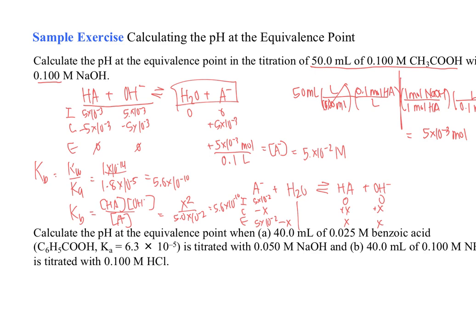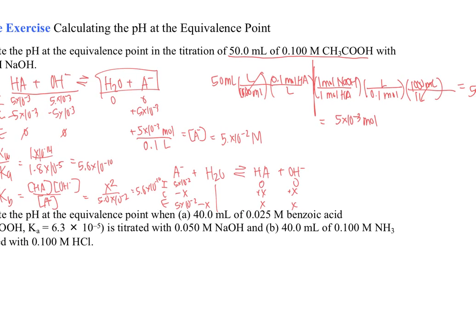So we can solve for x squared, and we end up getting x equals my hydroxide concentration, which is equal to 5.3 times 10 to the negative 6 molar. So if I negative log that to find the pOH, I end up getting 5.28. So 14 minus that equals the pH, which equals 8.72.